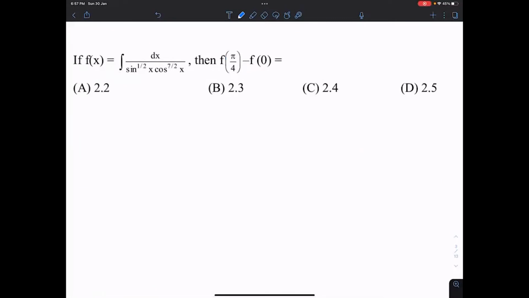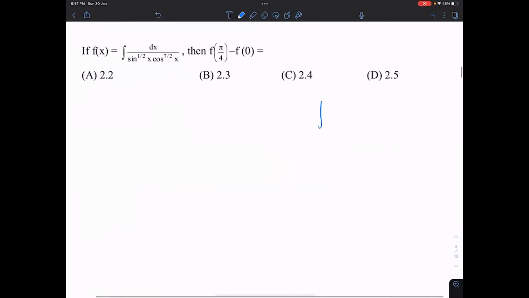This is another model where, so you'll have a lot of model questions like this, like integral dx by sin x power m into cos x power n.